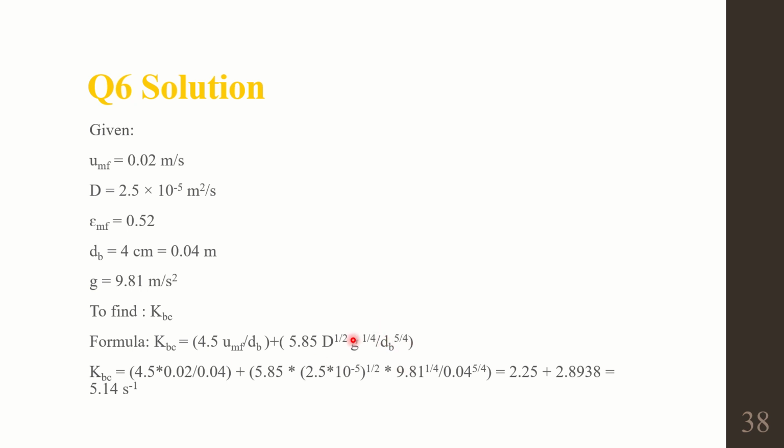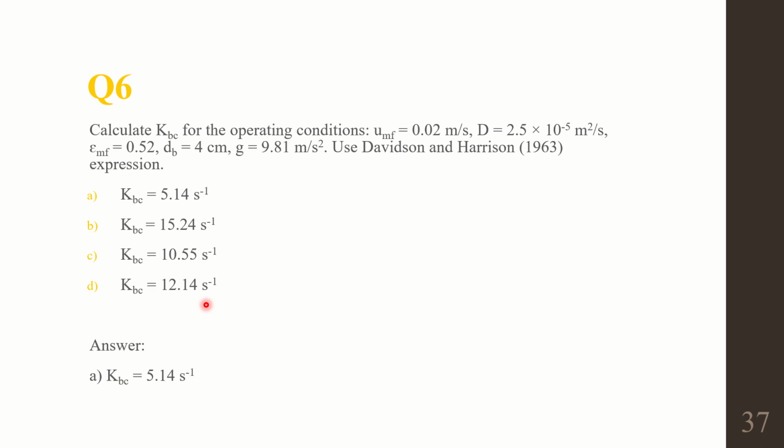We are using the diffusivity and all in this expression. On substituting all the values in the formula, we are getting the value of KBC as 5.14 per second, which is option A.